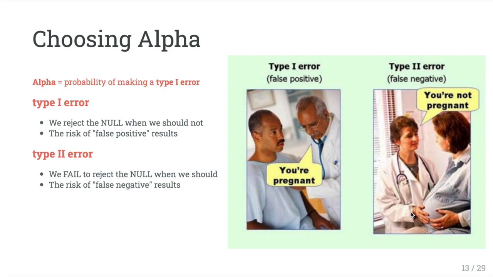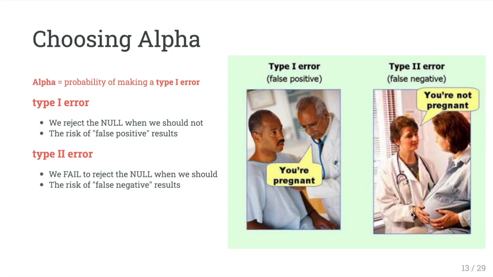We won't know if we're in one of those situations. Type 1 error is just a rate of error, but we won't know if we're in a type 1 error situation or not. So type 1 error is this false positive, saying to a guy, you're pregnant, so it's a positive test when in fact it is negative.